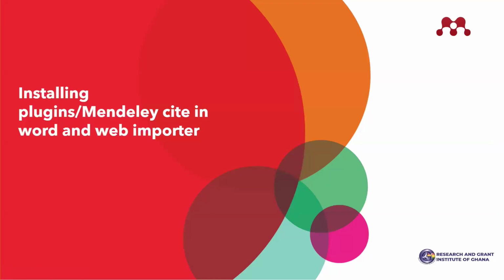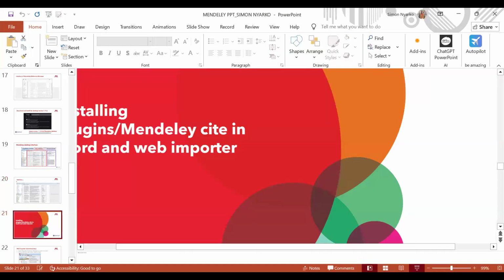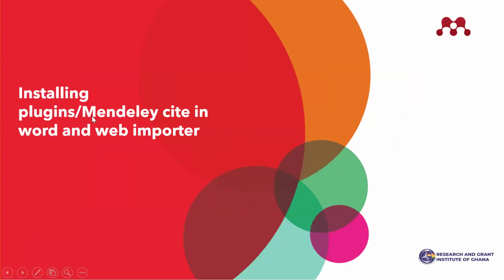Good. Now, when we enter the tools, we saw plugins. We saw the Mendeley side, that is if you are using the cloud-based, the new version. And then we also saw the web importer.